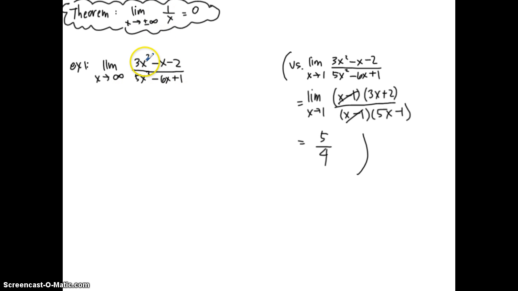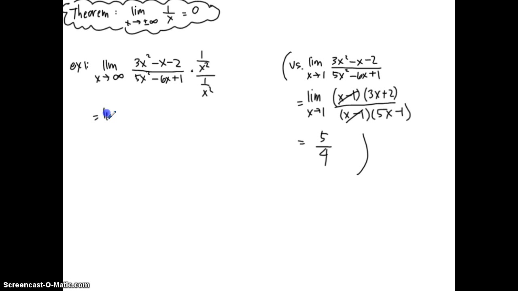Now I want to change each of these terms to be 1 over an x value. So the way I'm going to do that is I'm going to multiply top and bottom by 1 over x to the second power, because that is the highest degree that I have here. And on the bottom as well, 1 over x squared.